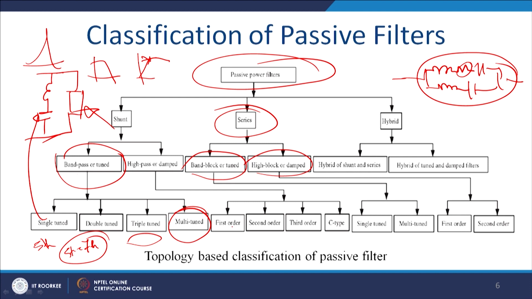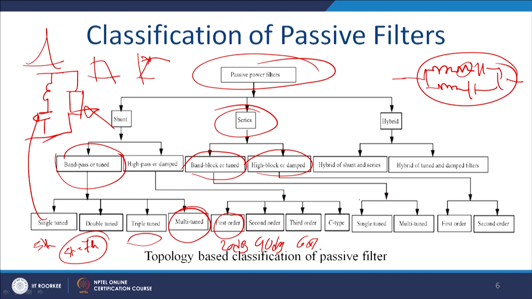Same way we can have a high pass or damped, that is a first order. It will have a 20 dB decay, second order we will have a 40 dB decay, third order we will have 60 dB decay, and we can have a C type also, that we will discuss in a subsequent class.